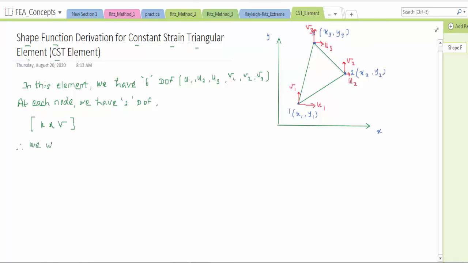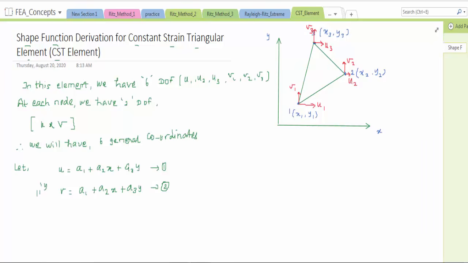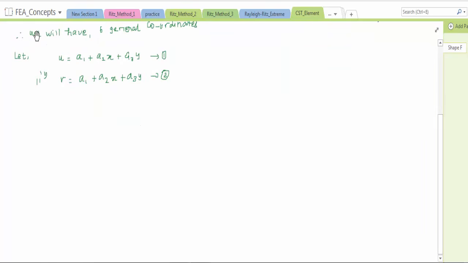Therefore we have 6 general coordinates: 3 for u and 3 for v. So let us assume u equals a1 plus a2x plus a3y. This is in linear form. Similarly, v equals a1 plus a2x plus a3y, since the u and v degrees of freedom are both with respect to x and y.